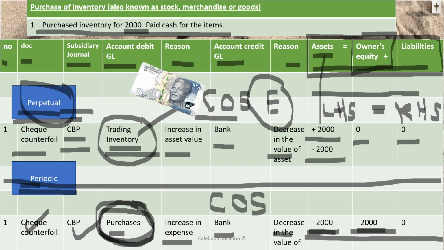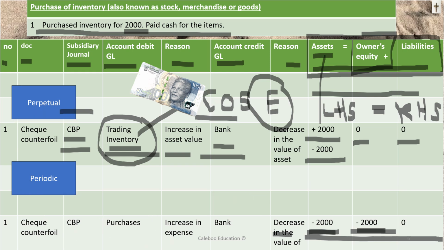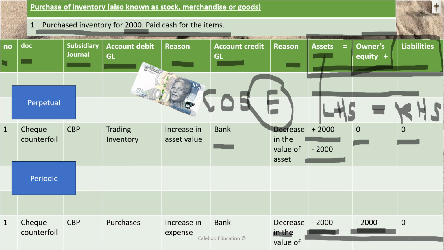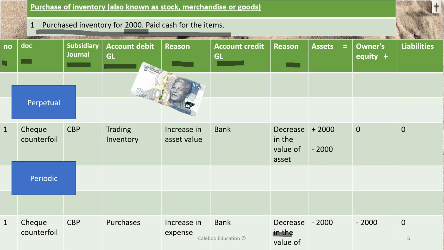I will show you briefly as the video goes on the two calculations of cost of sales with the two different inventory systems. But the point of this slide, because this is just an introduction to perpetual and periodic, is that I wanted to show you the difference at the point of purchase of stock, the difference on the accounting equation.